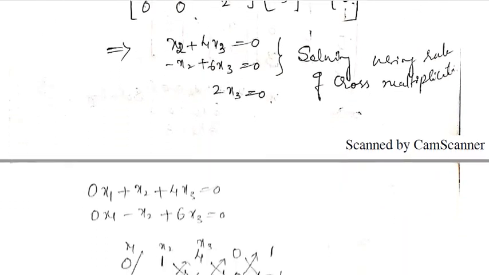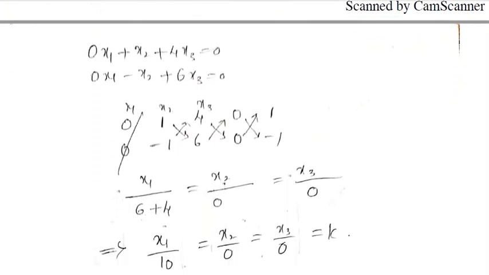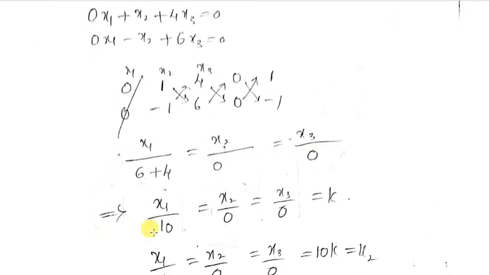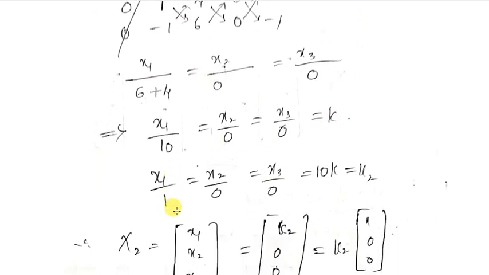I'll apply the rule of cross multiplication. Here I have shown the rule of cross multiplication, so that x1 by 6 plus 4, that is 10, x2 by 0, x3 by 0. So we get the ratios as x1 by 10 is equal to x2 by 0, x3 by 0.